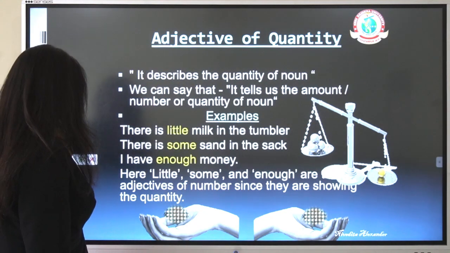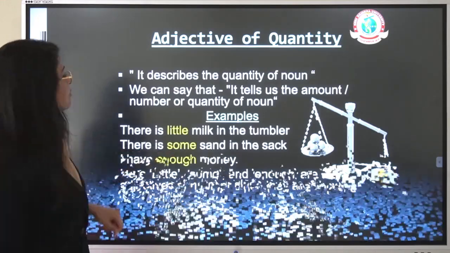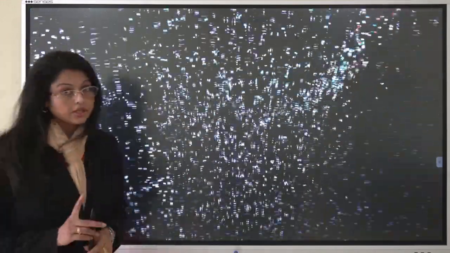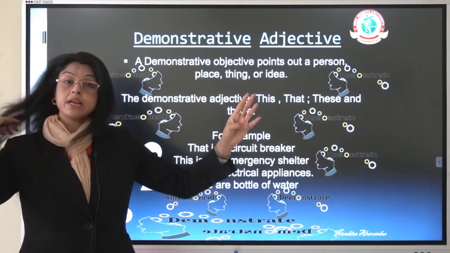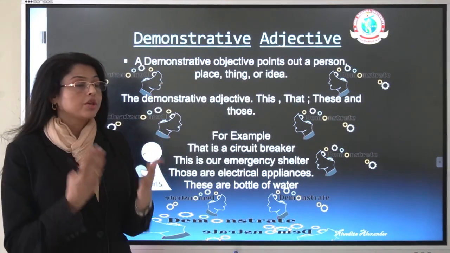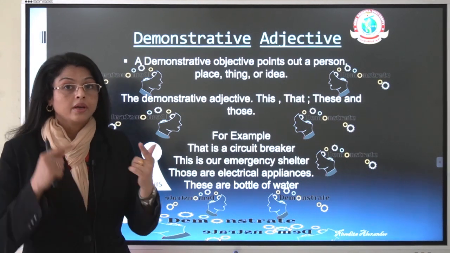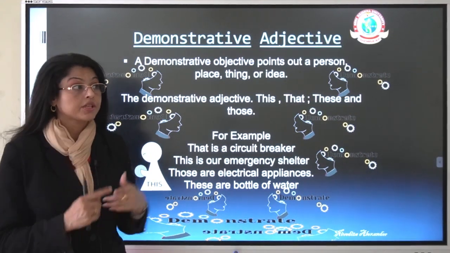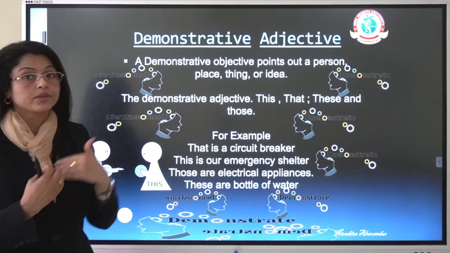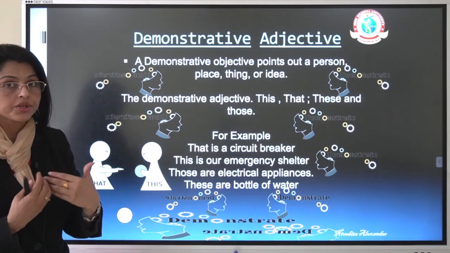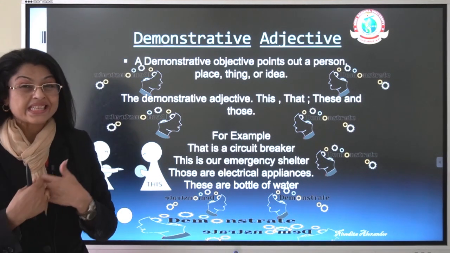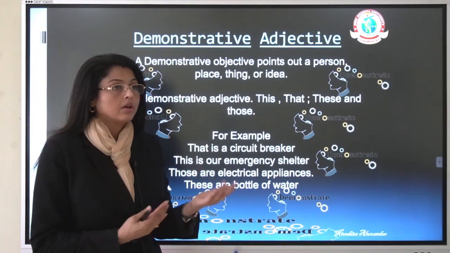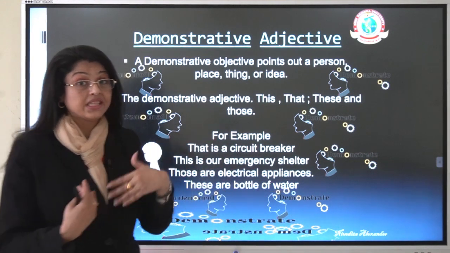Let's come on to the next type of adjective, which is the demonstrative adjective. Demonstrative adjective generally shows the position. It could be a noun, it could be a pronoun. It's far, it is close, singular, plural: this, that, these, those.